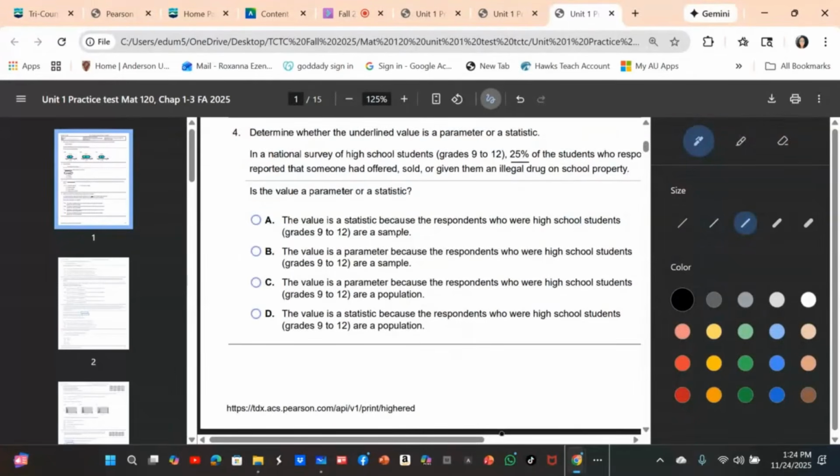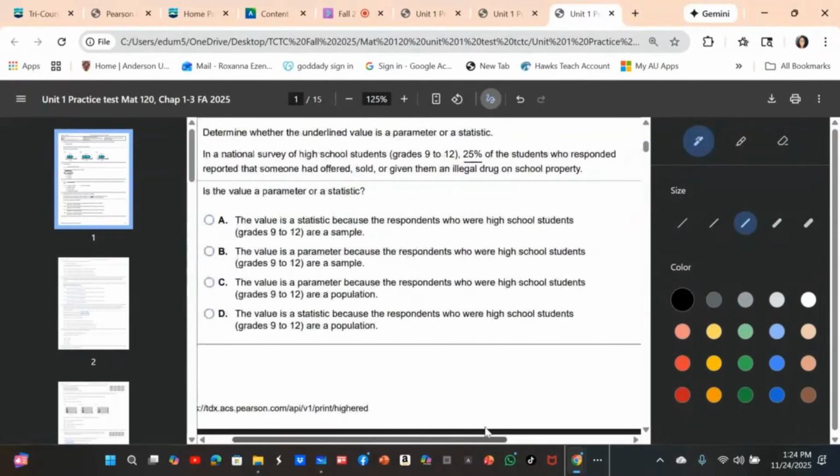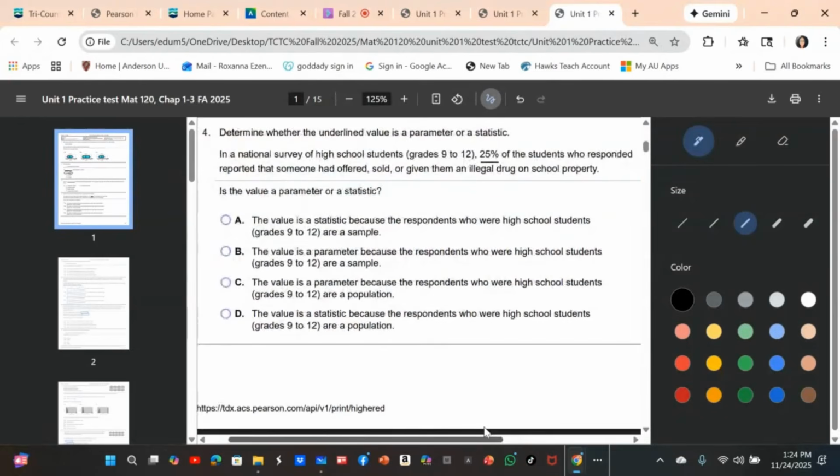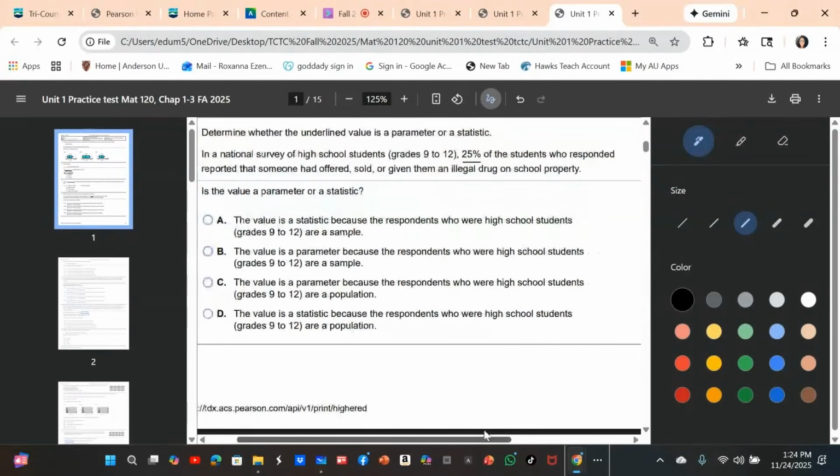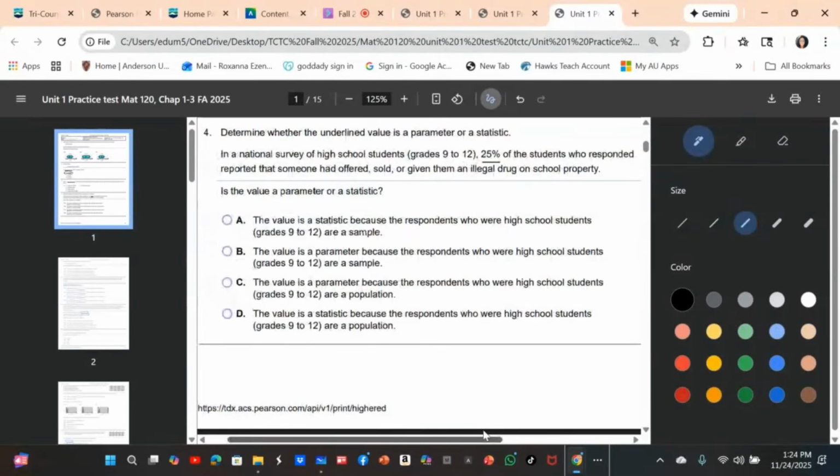In a national survey of high school students, grades 9 to 12, 25% of the students who responded to the survey reported that someone had offered, sold, or given them an illegal drug on school property. So 25% said that, and the question is whether the value is a parameter or a statistic.